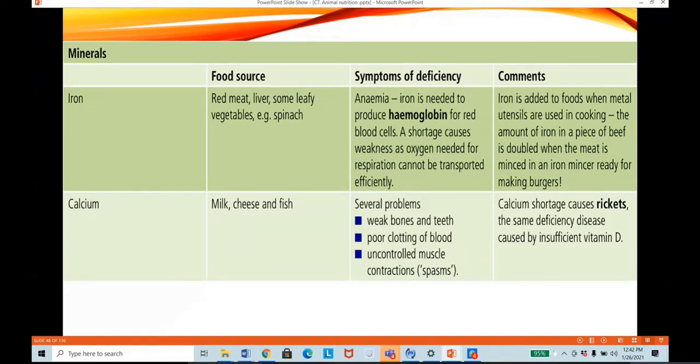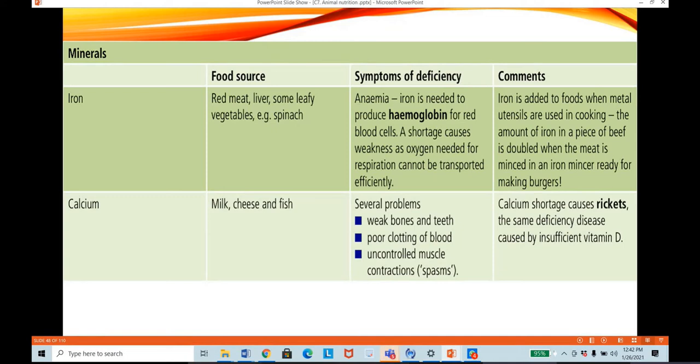Who wants to read it? May I? Yes, please. Mineral iron. Food source: red meat, liver, some leafy vegetables, for example spinach. Symptoms of deficiency: anemia. Iron is needed to produce hemoglobin for red blood cells.